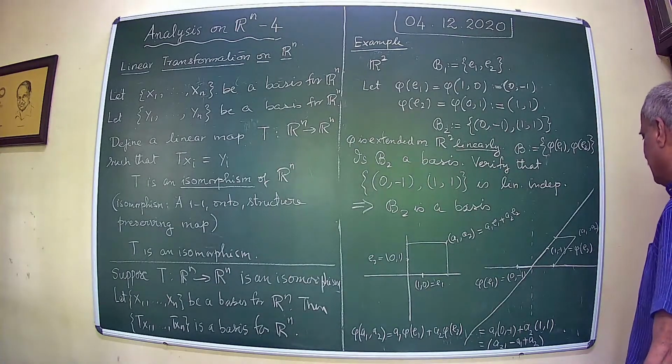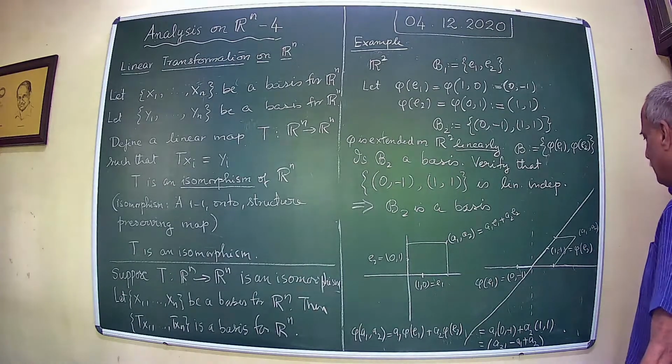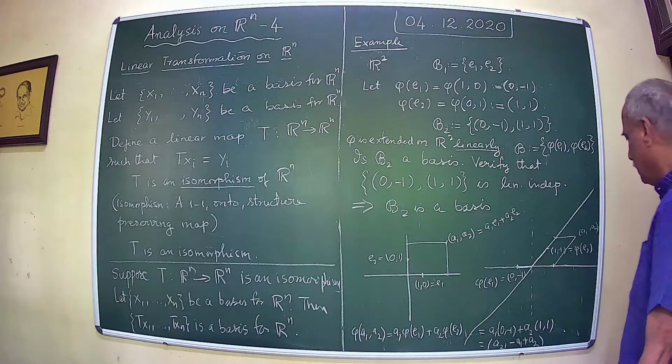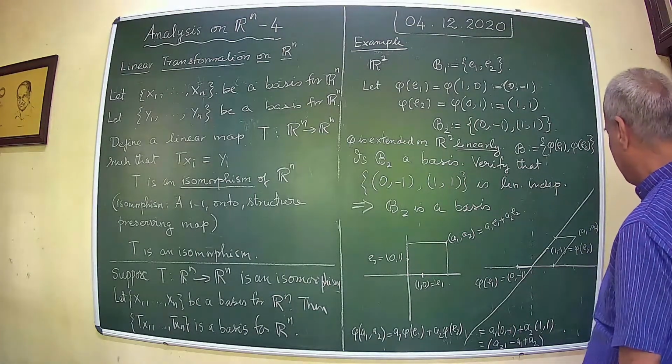So you see that in the original coordinate system, the coordinates of this are going to be (A2, -A1 + A2).